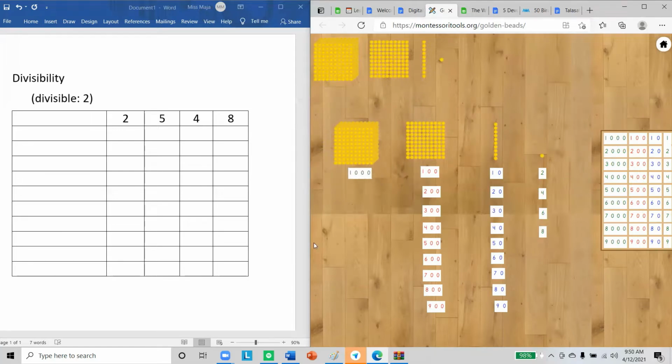1000 divided by 2 is 500. 2000 divided by 2 is 1000. 3000 is 1500 plus 1500, 4000 is 2000 plus 2000, 5000, not 500, is 2500 plus 2500, 6000 is 3000 plus 3000, 7000 is 3,500 plus 3,500. 8000 is 4,000 plus 4,000. 9000 is 4,500 plus 4,500.